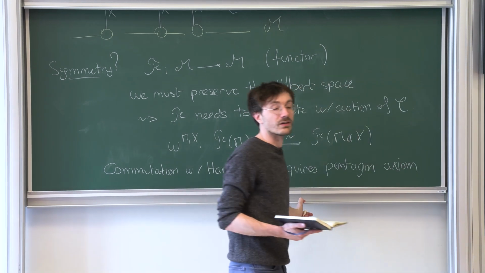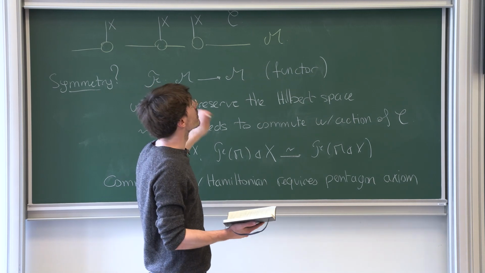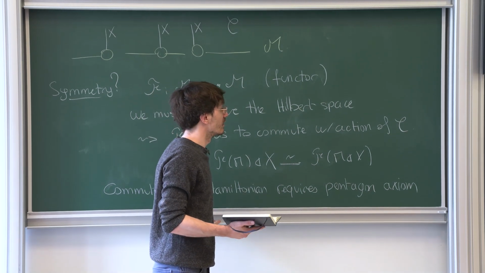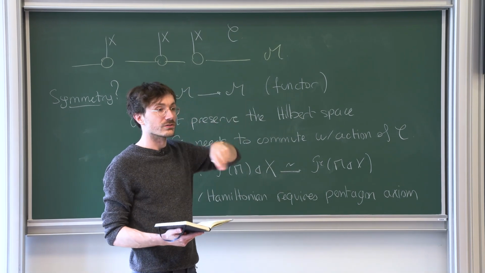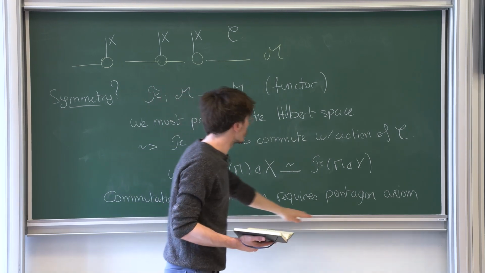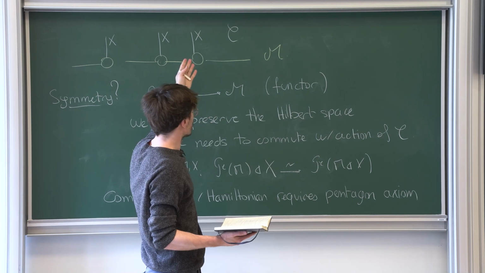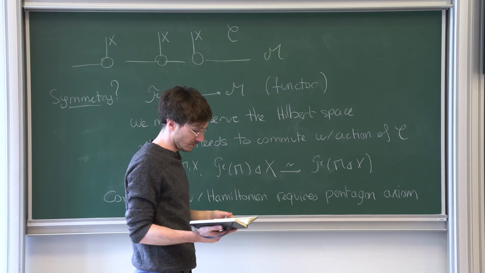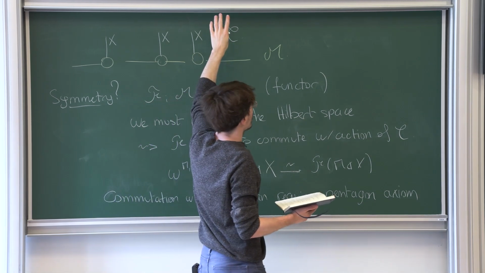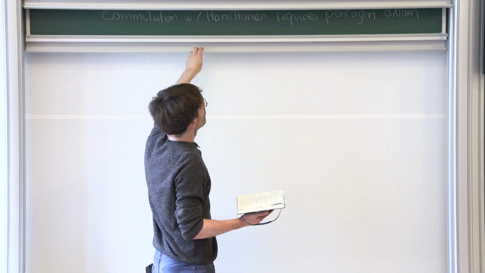By the way, we call it the pentagon axiom because of the way I'm going to draw it again now: you have 5 arrows, so it always looks like a pentagon. This commutation relation will ensure that this well-defined action on the Hilbert space commutes with the Hamiltonian. To do this, we're going to do it graphically as much as possible.